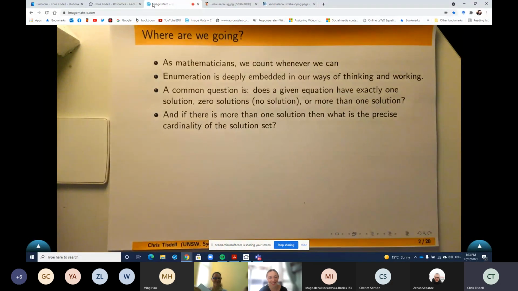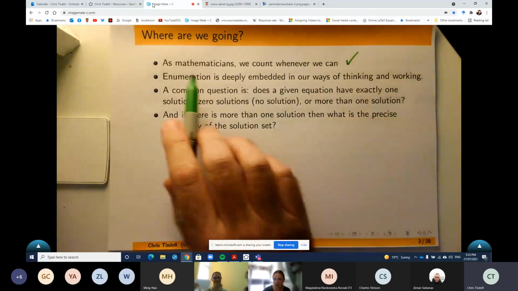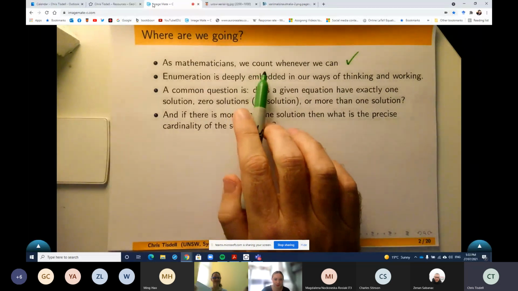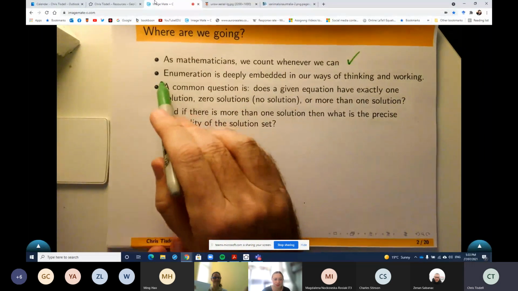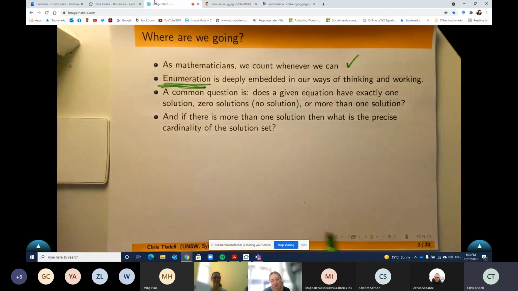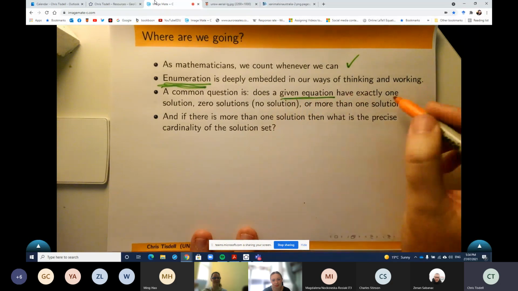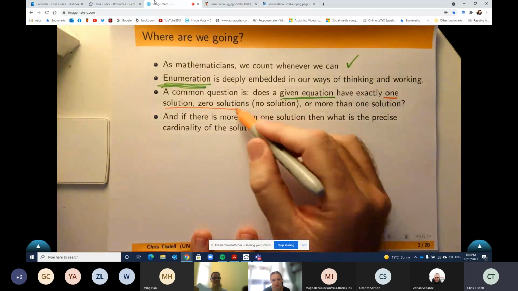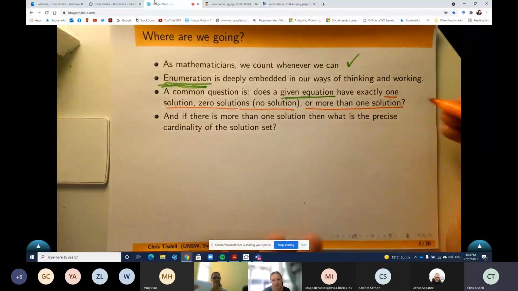All right, so I think it's fair to say that as mathematicians, we like to count, and in particular, enumeration, or the science of counting, is kind of what we do as mathematicians. And when we have an equation, there are many questions, but an important question is, if we have some equation, is there one solution, no solutions, or more than one solution?